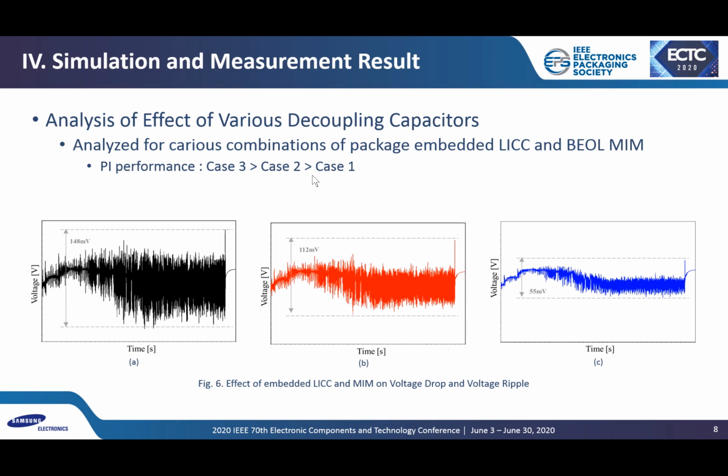Case 2 with embedded LICC has a voltage drop 24 mV and a voltage ripple 36 mV less than case 1. Case 3 with MIM added to case 2 has a voltage drop 24 mV and a voltage ripple 57 mV lower than case 2.